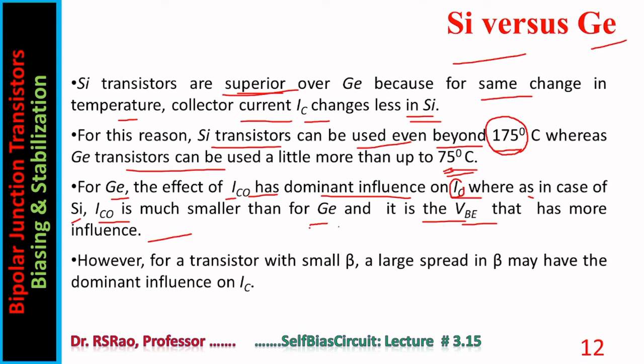Therefore, the influence of ICO on IC in silicon transistors is not at all dominant. Additionally, IC dependence on VBE is more in silicon transistors. However, for a transistor with small beta, a large spread in beta may have the dominant influence on IC.